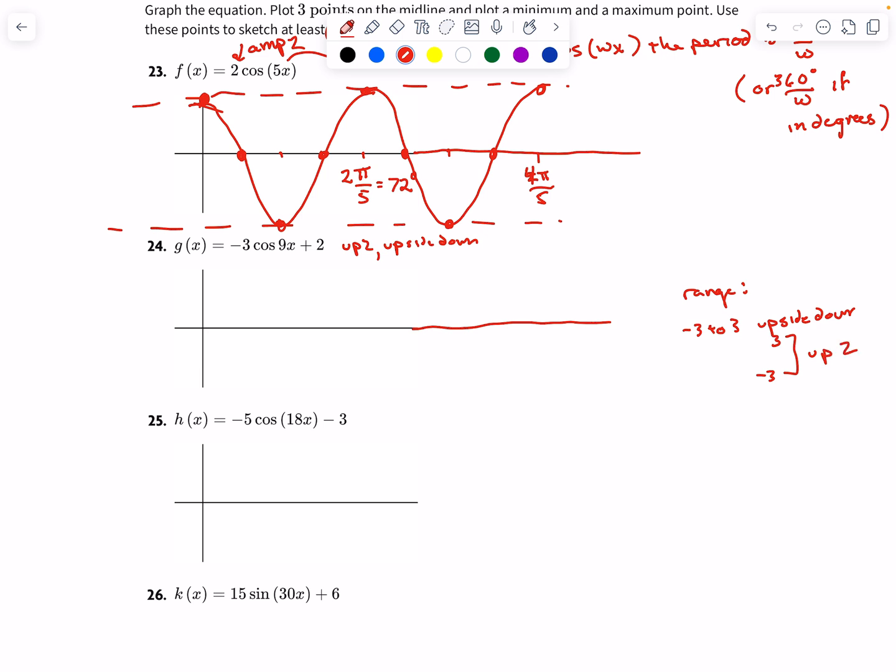So up 2 is -1 to 5. And upside down. So let's mark in 8 bits, 1 period, 2 periods. Okay, so it starts at the bottom. The middle is not the x-axis anymore, so I need to draw in guidelines for the middle also.